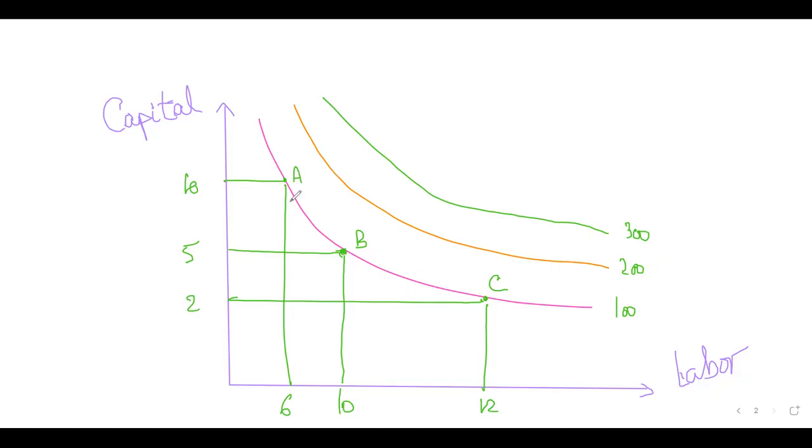Now students, have a look at this. Even though on points A, B, and C you are using different combinations of the inputs, in A you're using more capital and less labor. On B, you're using slightly more labor and less capital. And in C, you're using much more labor and much less capital. But since all three points are on the same isoquant, that means they will produce the same level of output.